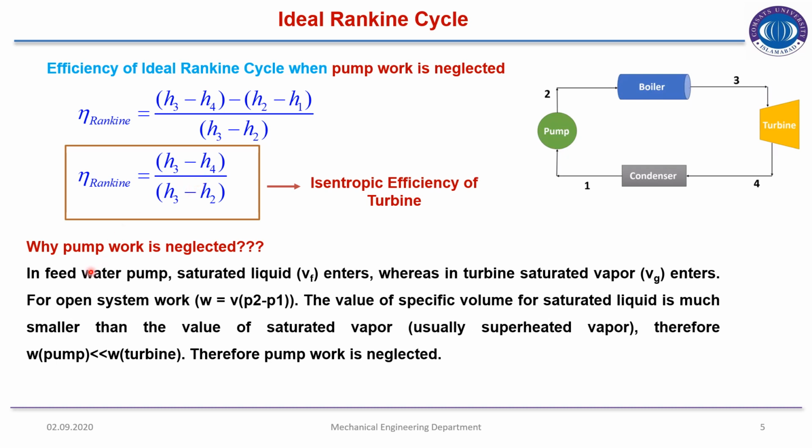So the reason why the pump work is neglected is that the expression for the work done for an open system is W equal to integral of V dP. So I will write here.